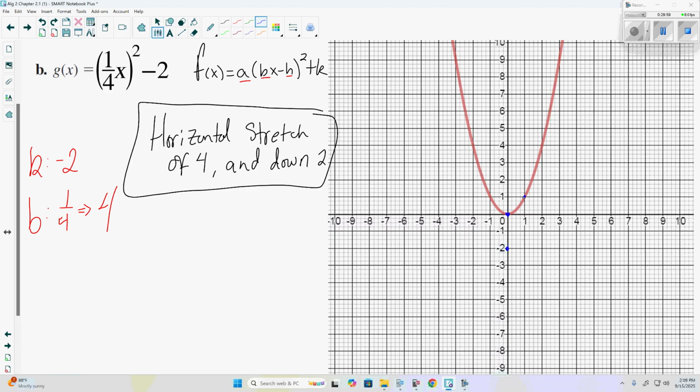Now, for us to do the same thing, horizontal stretch of 4 means I'm going to have to go over 4 for that 1. So the new point is actually at 4, 1. Because normally we can go over 1, up 1. It's now stretched it over 4. We got to go 4. It's making it stretch horizontally, left and right.